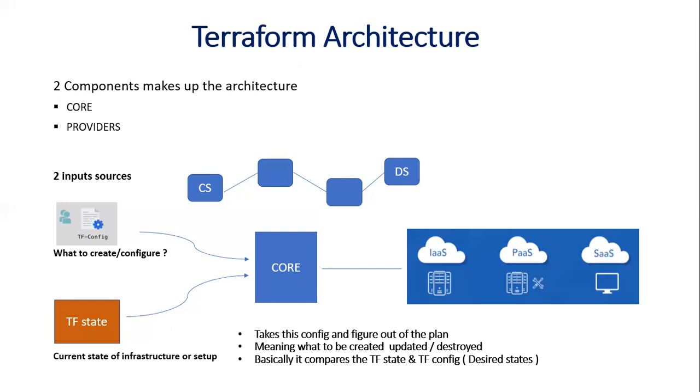Once the plan command is executed, it goes to your apply command. When you do an apply, it deploys your infrastructure in your cloud. It will not do anything else; it deploys your infrastructure and brings your desired state up.